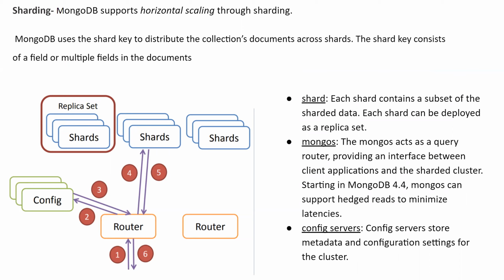Each shard contains a subset of the sharded data, and can be deployed as a replica set. Mongos acts as a query router, providing an interface between the client application and the sharded cluster, which reduces latencies to query the data.